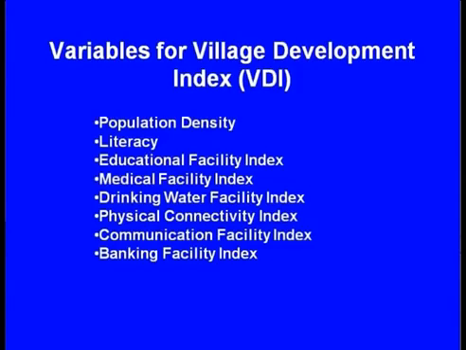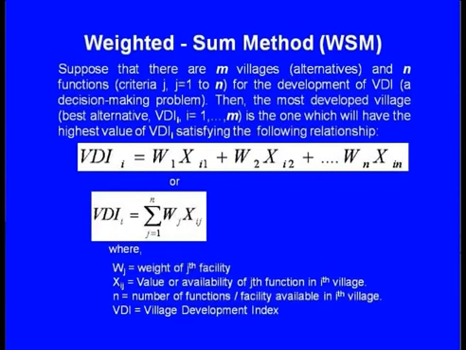And in this, based on the type of information which is there, certain weightages are provided to each of the facilities located in different villages, and based on this we try to find out what is the village development index.